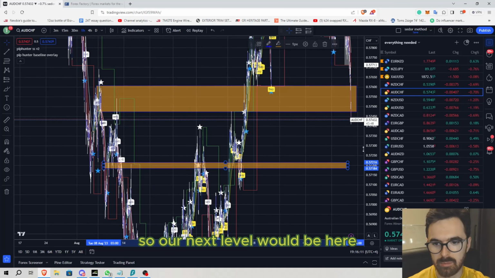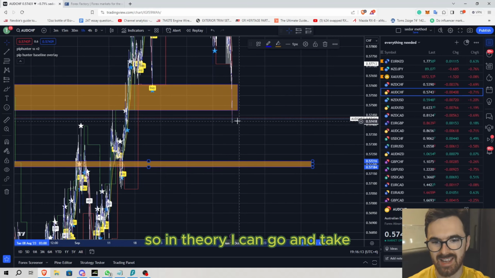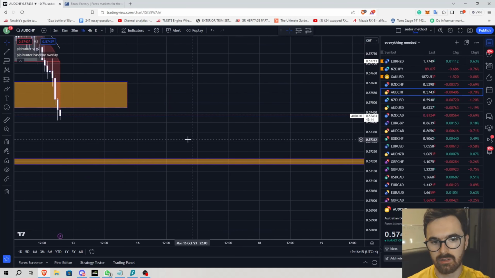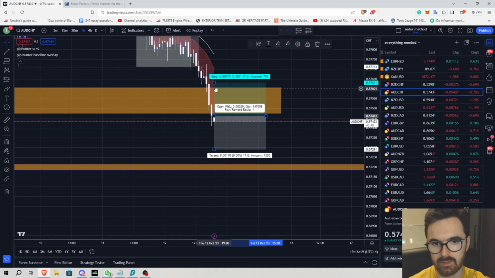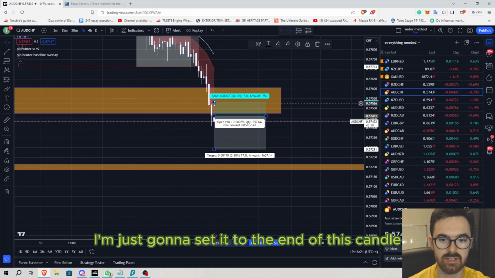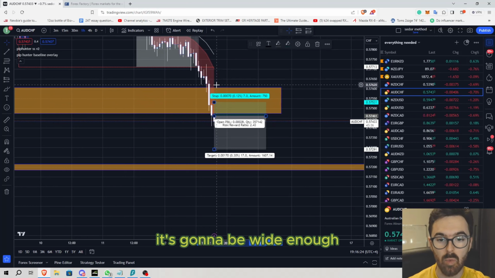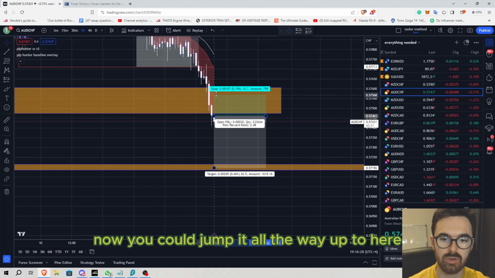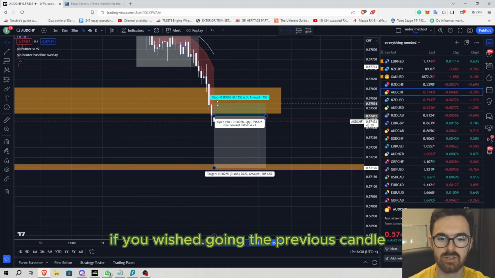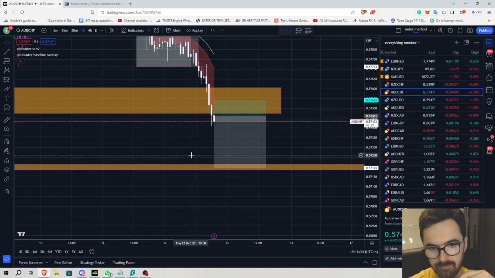So our next level would be here. So in theory, I can go and take a trade that runs from here. Set my stop loss. I'm just going to set it to the end of this candle. It's going to be wide enough. To the next one. Now, you could jump it all the way up to here if you wished. Going the previous candle plus a couple of pips should be fine.